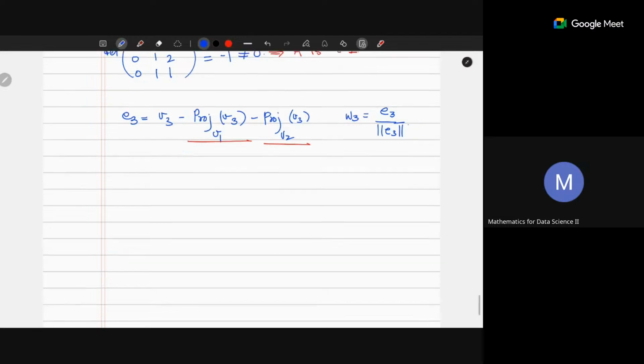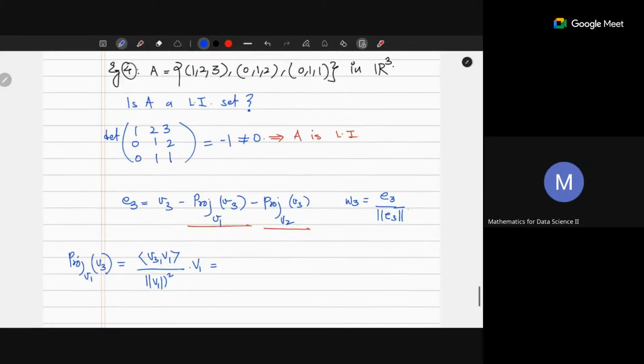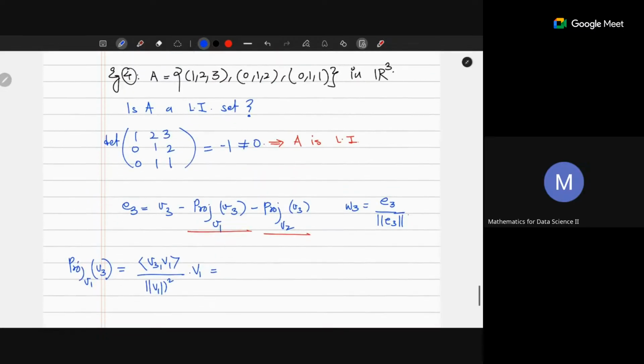So first, let me start with calculating the projection of V3 in the direction of V1. Now, what is this? It is the dot product of V3 and V1 divided by the norm of V1 squared, times V1. Now, can anyone quickly compute the dot product and the norm?